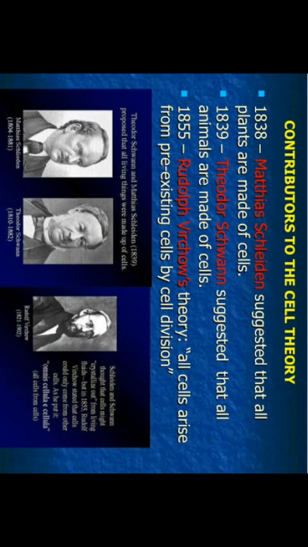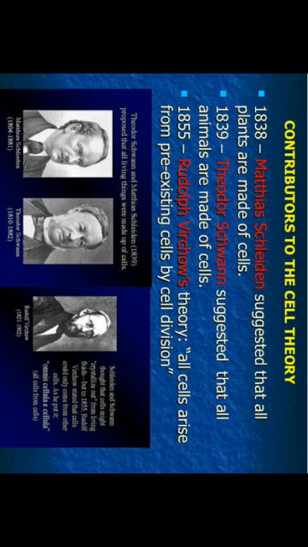Next, in a single frame you can see three scientists together. In order, first scientist: in the year 1838, Matthias Schleiden suggested that all plants are made up of cells. Just now we had a discussion. Next, in the year 1839, Theodor Schwann suggested that all animals are also made up of cells.